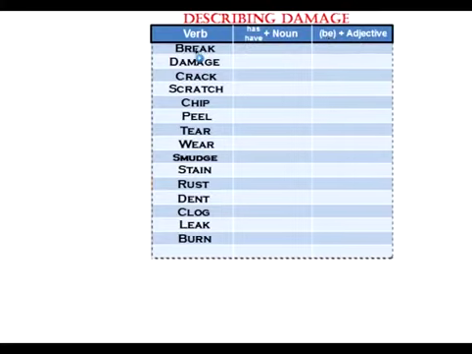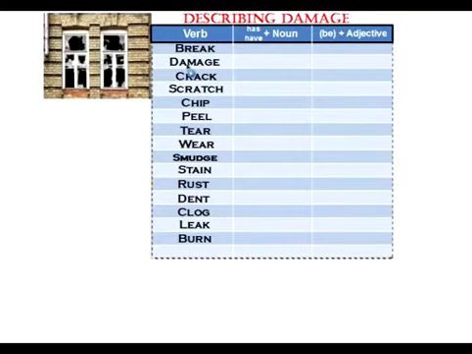So let's look at the first one, break. Okay? So if we look at these windows, we could say, for example, that they are broken, using the adjective broken, right? You could say a break, if it's just one break. Not very common, but that's a possibility. So you could say the window has a break.